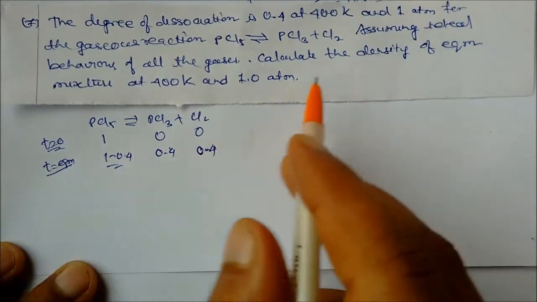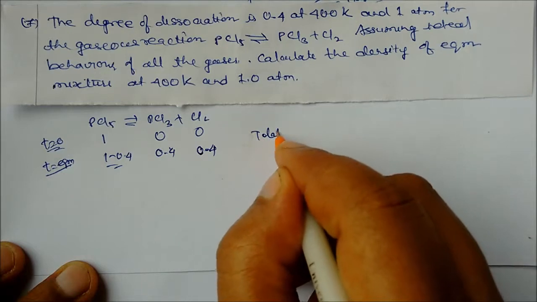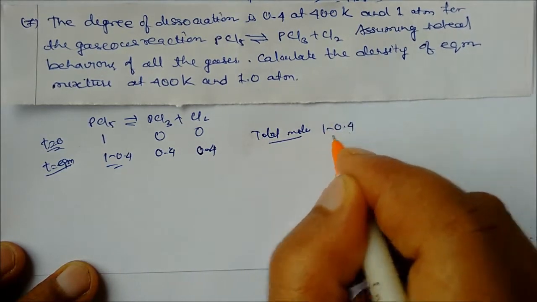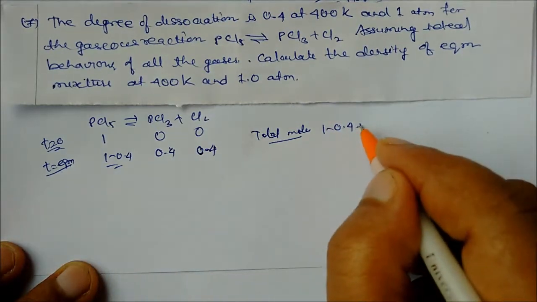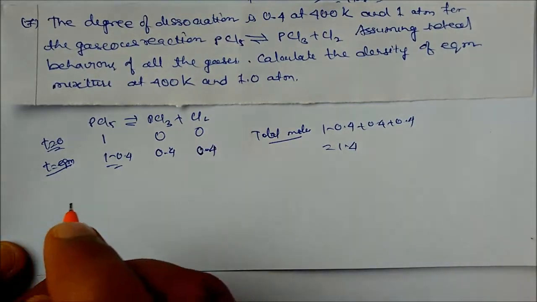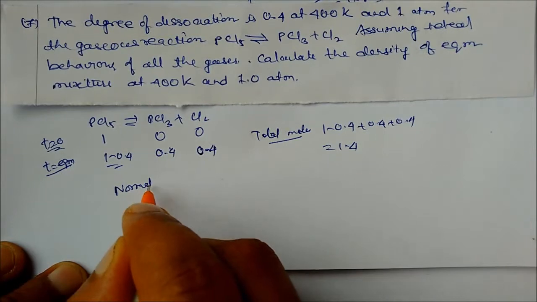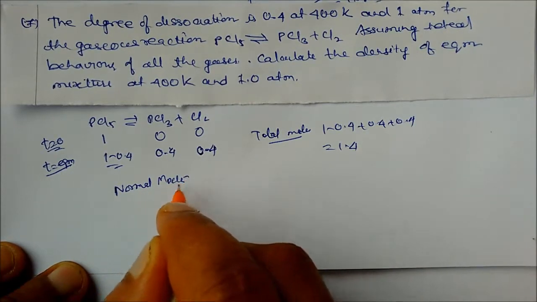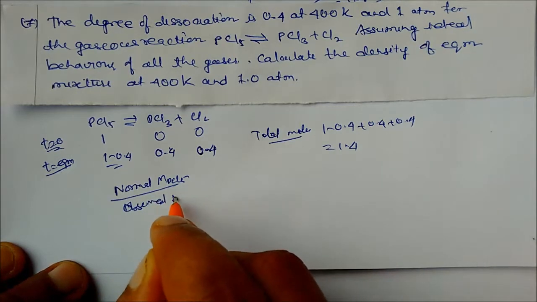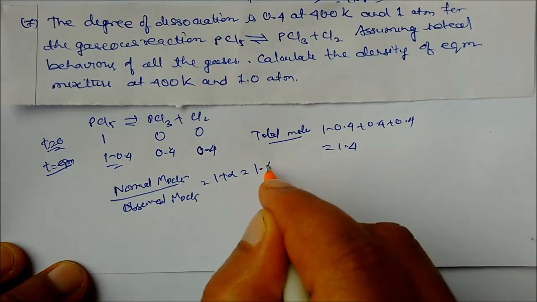So we have to find the density of the mixture. First, total moles will be how much? Total moles will be 1.4, that is 0.6 plus 0.4 plus 0.4, so total moles will be 1.4. Now we can use the normal molecular mass of PCl5 divided by the observed molar mass of PCl5, that is 1 plus alpha, which is 1 plus 0.4. Why are we writing this?